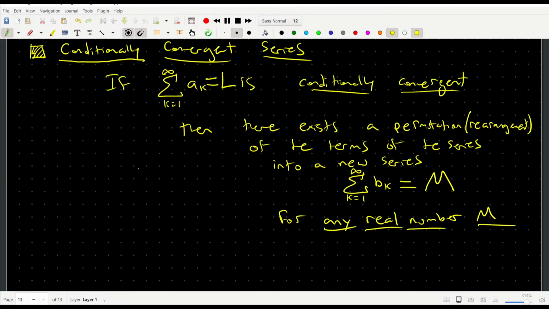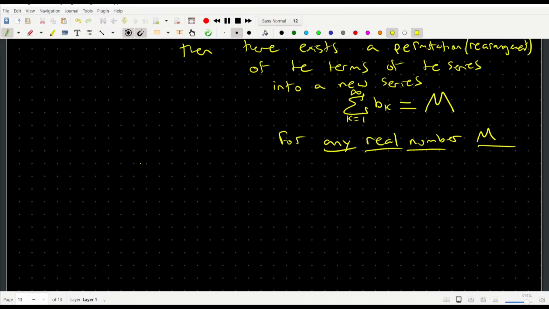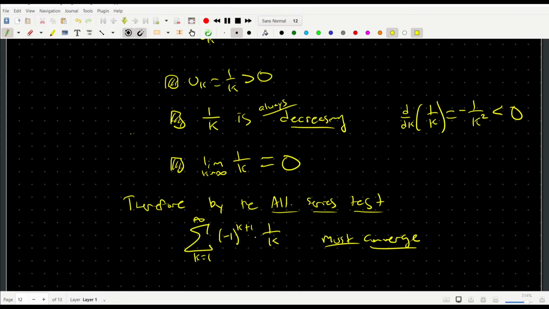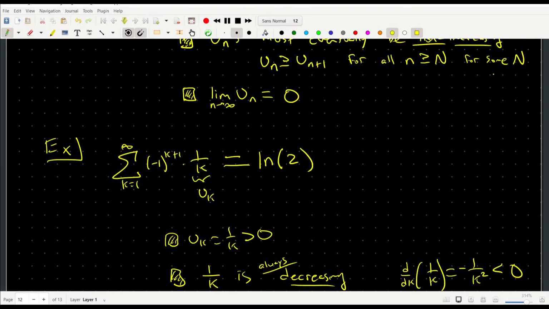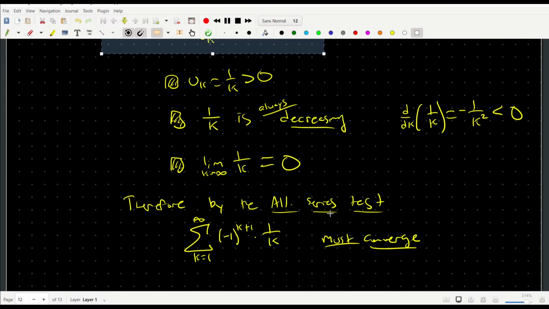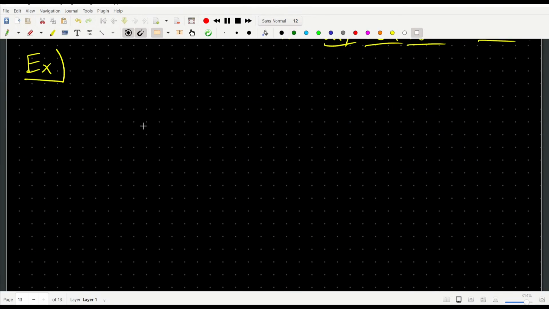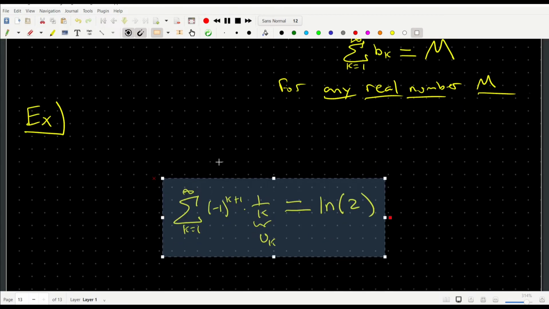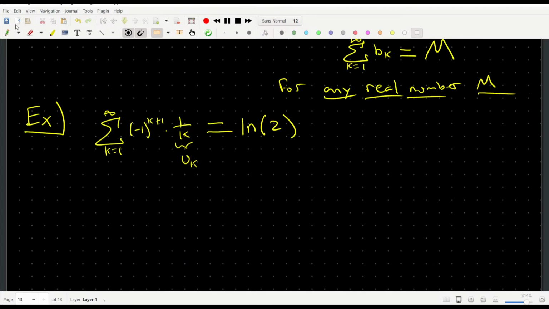And I'm not going to prove this because it's a little bit difficult to prove. However, I'll show you through examples how this can be directly true. We wrote down the alternating harmonic series and gave a pretty good explanation of why it converges to natural log of 2 in the last lecture.